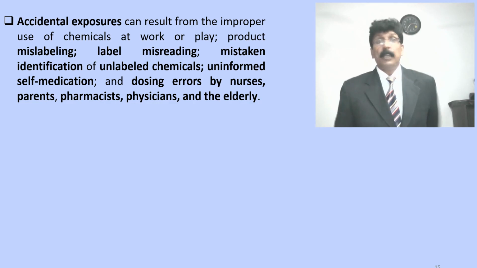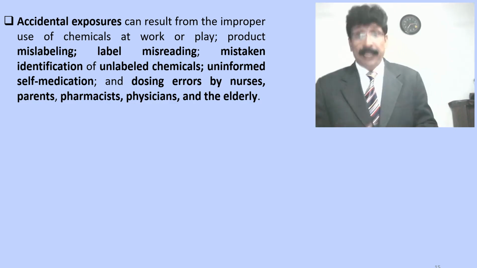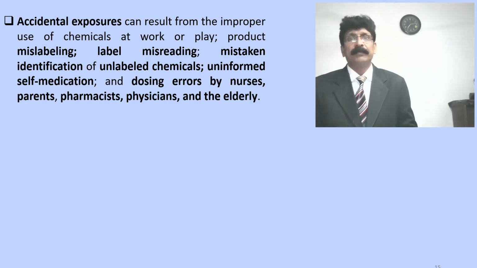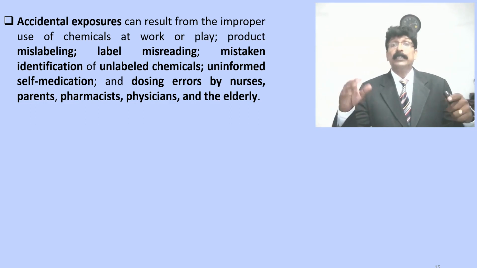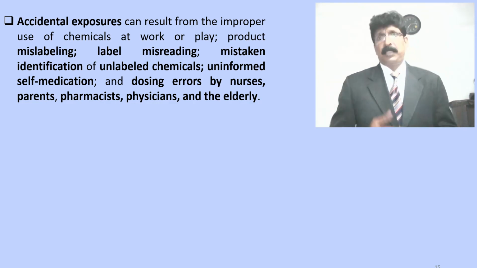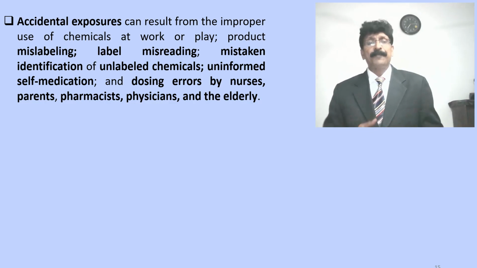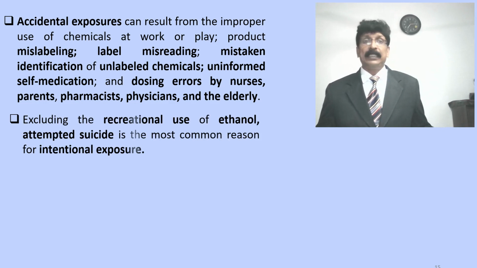The product may be mislabeled by the manufacturer, the label misread, mistakenly identified, or unlabeled chemicals simply bottled without a label. Or uninformed self-medication without discussing with the physician or pharmacist, and dosing errors even by nurses, parents, pharmacists, why not physicians, and by the elders. These all are accidental exposure.